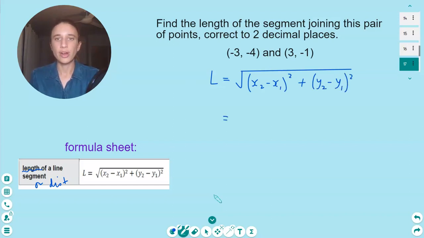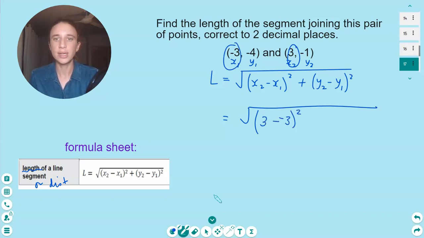Now we've got 4 variables here. Let's label our points. First point, x1, y1. Second point, x2, y2. Substitute: x2 take x1, 3 take negative 3, squared, plus negative 1 take negative 4, squared.